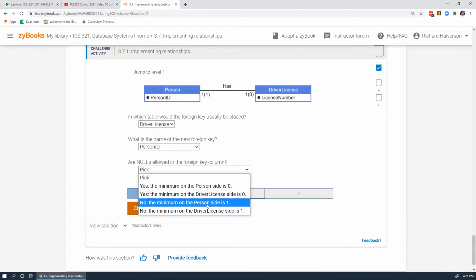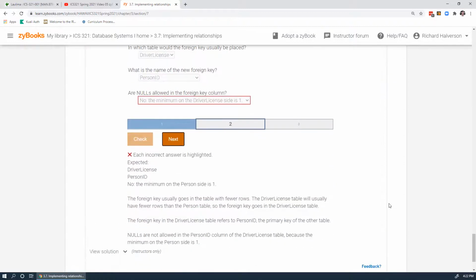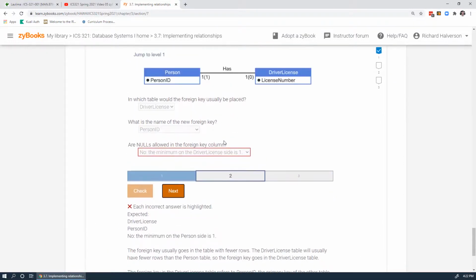See, no, the minimum on the person's side is 1. Okay, or maybe it's this. Is this right? Okay, no, the minimum on the person's side is wrong.